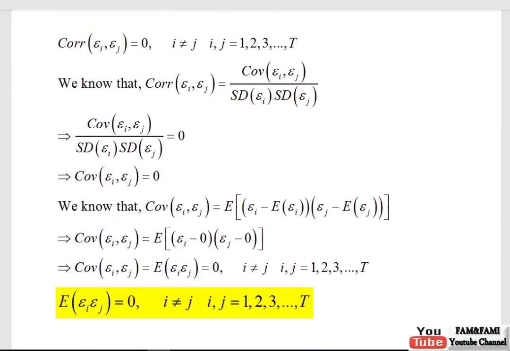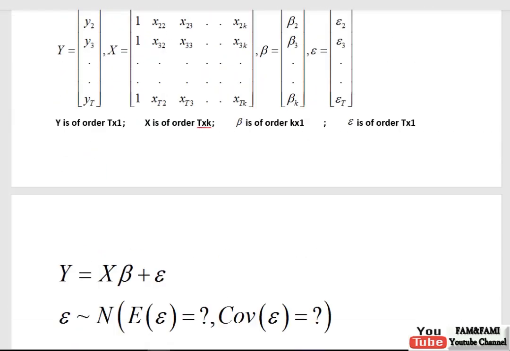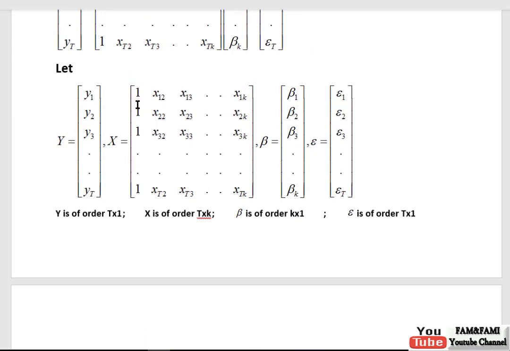Look at this X matrix. The first regressor is 1 1 1 throughout, so we call it a vector of ones. A vector of ones means a column that has all entries equal to 1.